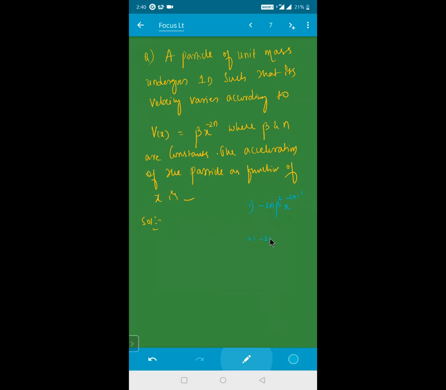Second option is minus 2n beta square x to the power of minus 4n minus 1. Third one is minus 2n beta square x to the power of minus 2n plus 1. And fourth one is minus 2n beta square x to the power of minus 4n plus 1. Try it.